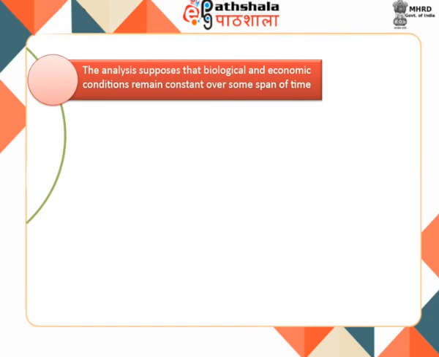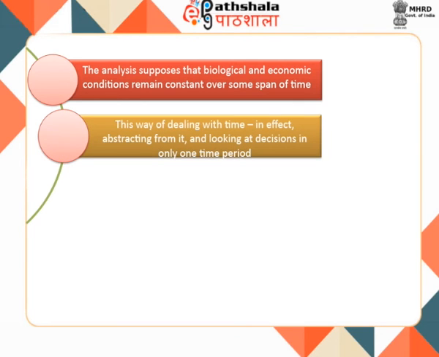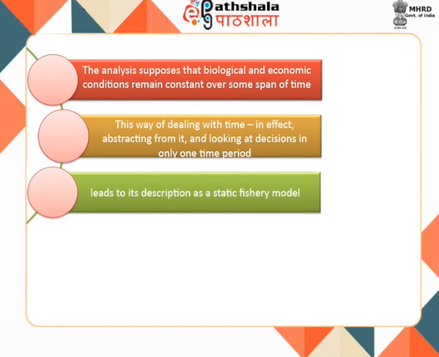The analysis supposes that biological and economic conditions remain constant over some span of time. This way of dealing with time, in effect abstracting from it and looking at decisions in only one time period but which are replicated over successive periods, leads to its description as a static fishery model.